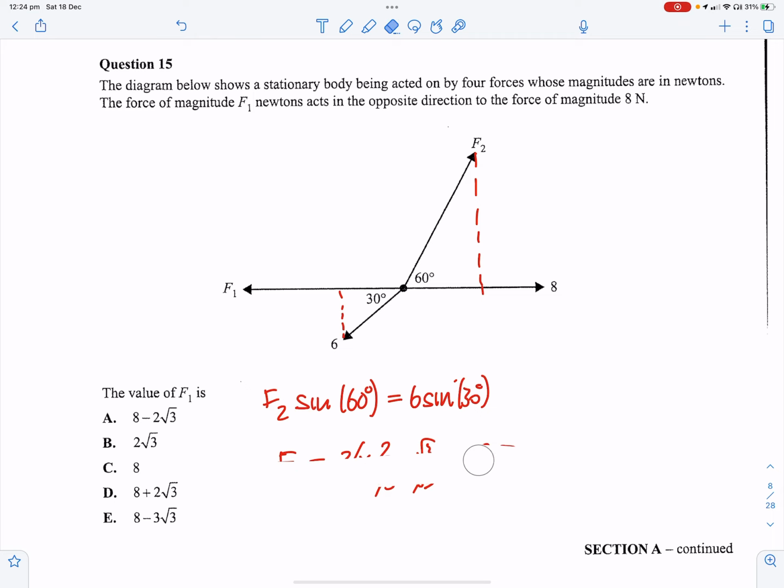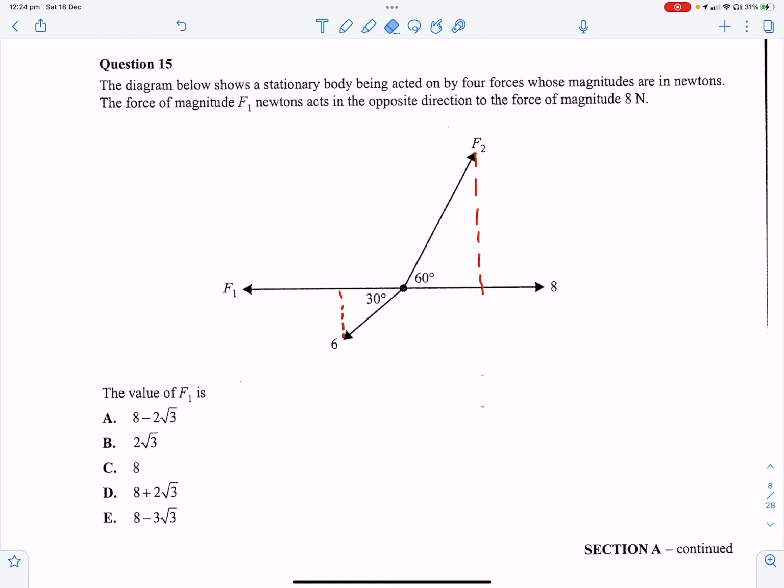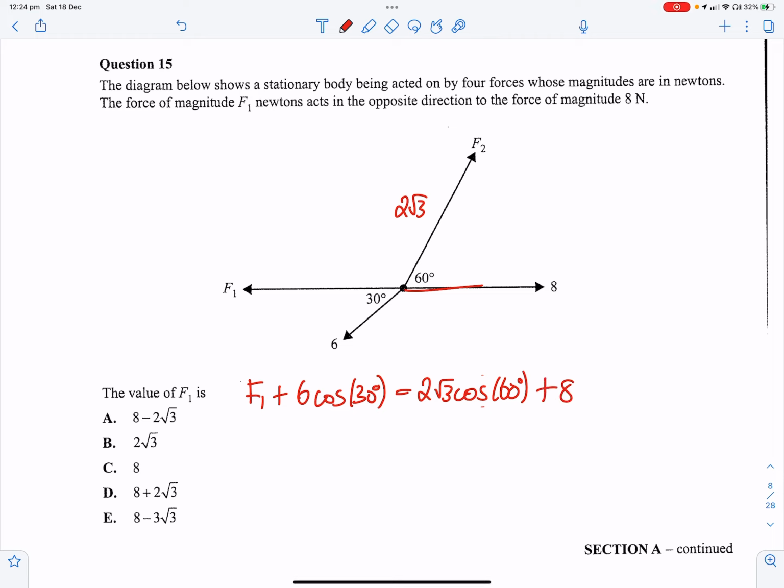Okay. So if we work this all out, that's 2 root 3. Okay, so we know F1 plus 6 cos of 30 is equal to 2 root 3 cos of 60 plus 8.